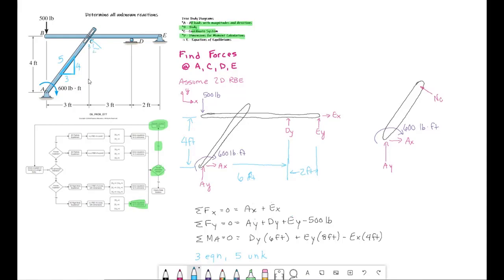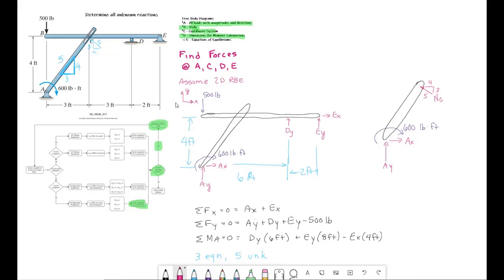So it's going to be a 3, 4, 5 triangle. I'll add that in over here: 3, 4, 5 triangle on that normal force pushing up against this bar. So now I have all the loads with magnitude and directions.